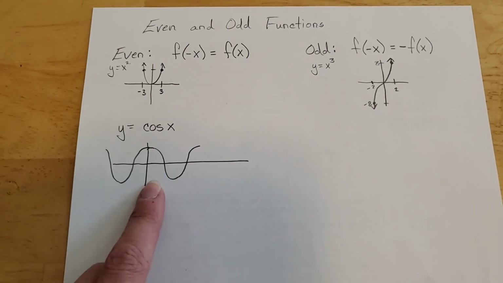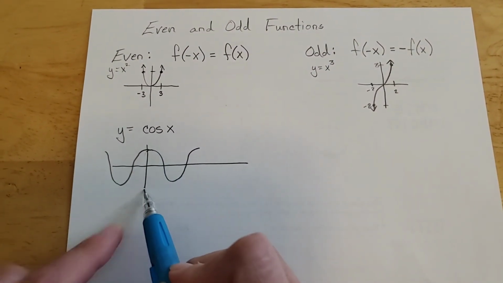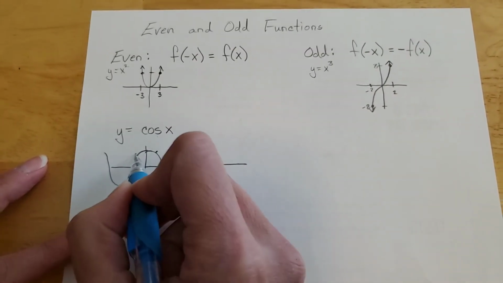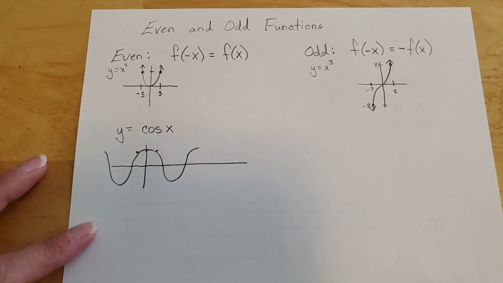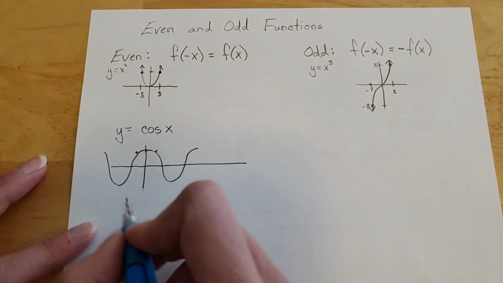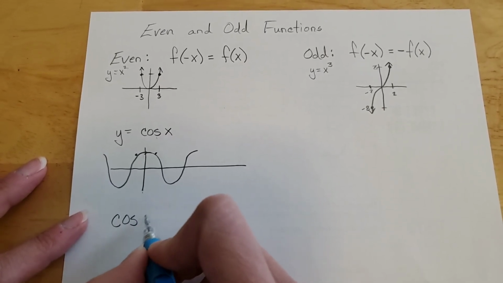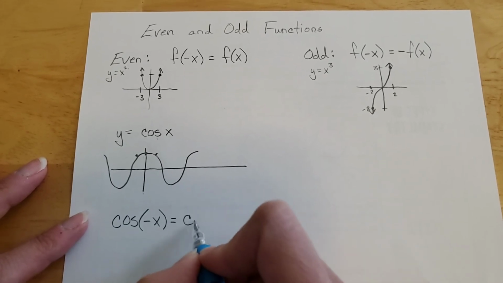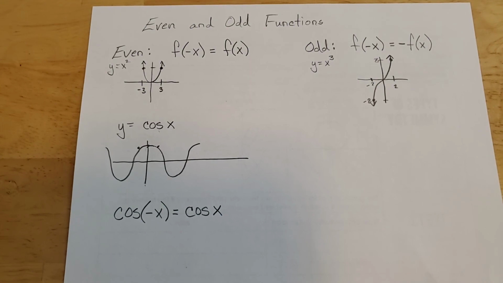Notice the cosine function is symmetric about that y-axis. This is an even function. Opposite inputs give you the same output, and you see that symmetry. So we can say that the cosine of the opposite of x will give you the same thing as the cosine of x. That is a trigonometric identity.